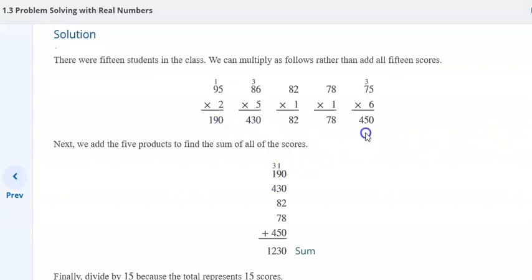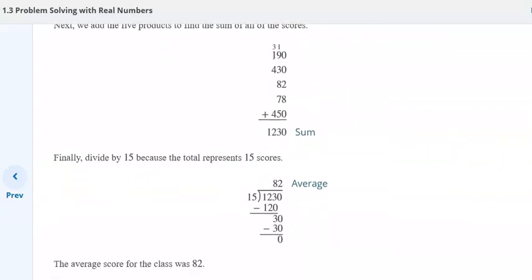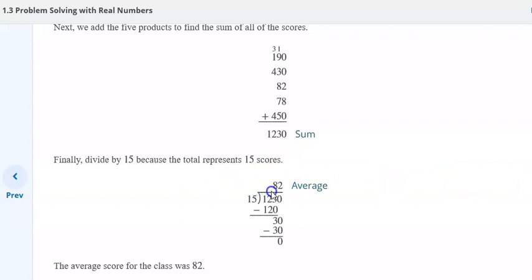Once you get your totals, get your total number of points on that test. But now, how many individuals took the test? Well, as they said, it was 15. If you add the frequency here, it's 15. So you divide this then by 15, and you get the average of the test was 82. Okay, we'll wind this one up.